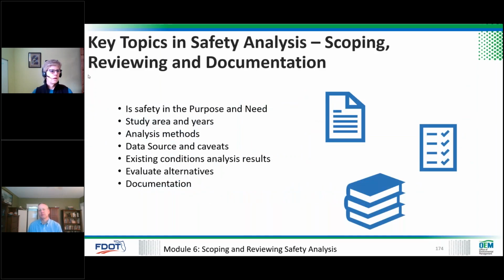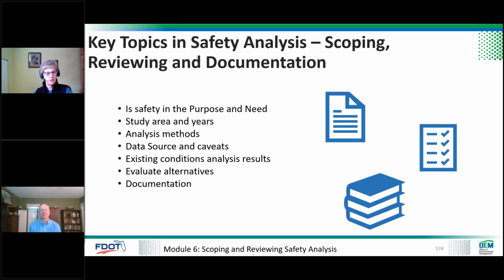So, key topics that should be considered as you're reviewing and then subsequently in the documentation: safety and the purpose and need. I mean, this is getting repetitive, but I think it's important to convey that there is maybe a specific methodology to this.